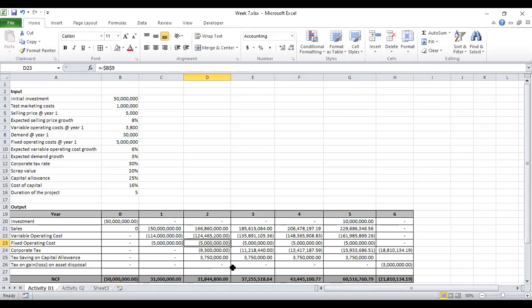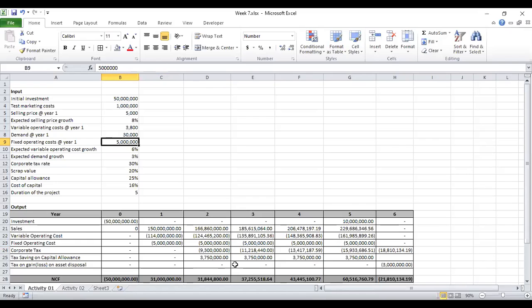And then thereafter, you would have simply dragged that. Fine. Then how about the fixed operating cost? You can see that in this question there is no subsequent growth in this fixed operating cost. So therefore, you can simply take the value at year 1, make it constant, and simply drag it up until the end of the project.